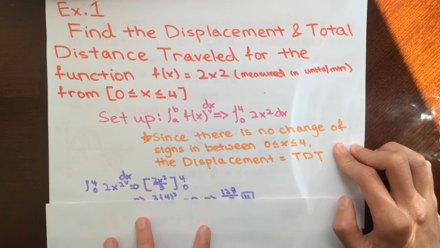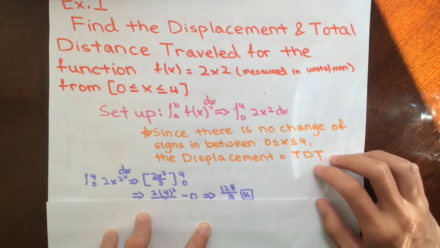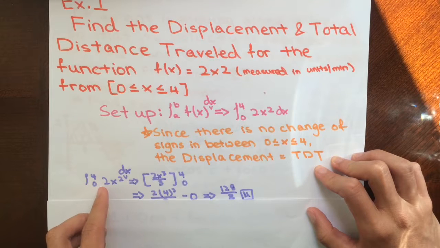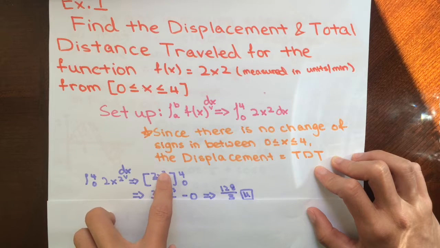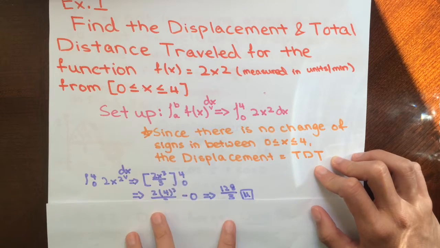To solve this, we have the integral of 2x squared from 0 to 4. Using the fundamental theorem of calculus, the integral of 2x squared becomes 2x cubed over 3, keeping the interval of 0 to 4.